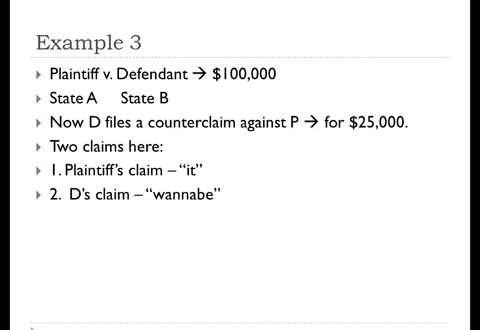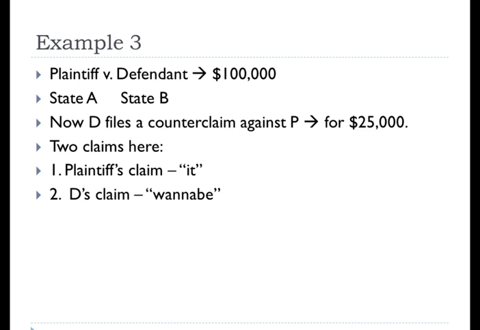Final example, and there are many, many examples, but I'm just giving you simple ones, of a situation where supplemental jurisdiction might arise. We have a plaintiff versus a defendant for $100,000. They're from different states, state A and B. We have complete diversity. We have the amount in controversy. Now the defendant files a counterclaim against the plaintiff, but this time the defendant's claim is only for $25,000.